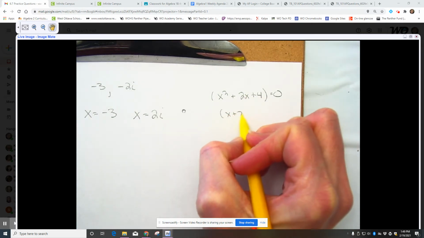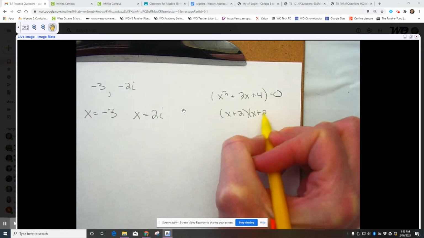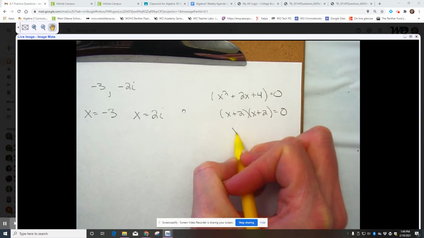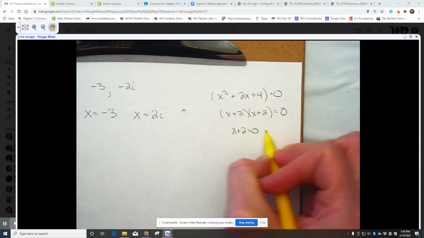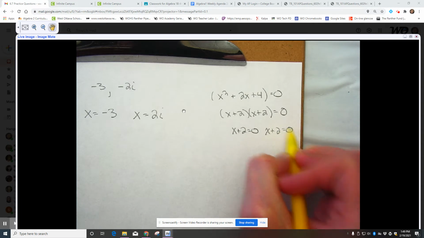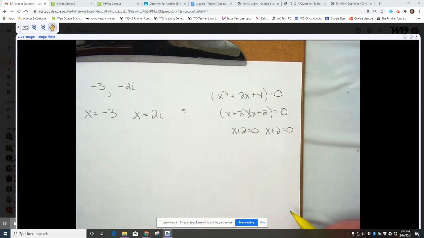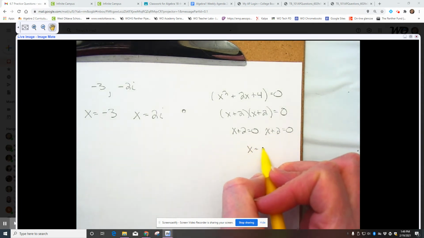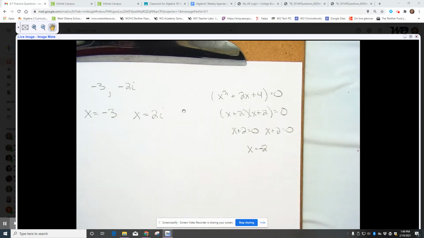So you would factor this, and then you would set both factors equal to 0. In this case, they're the same. Should have made up a different example. But anyway, then you would solve and you would get your solution.